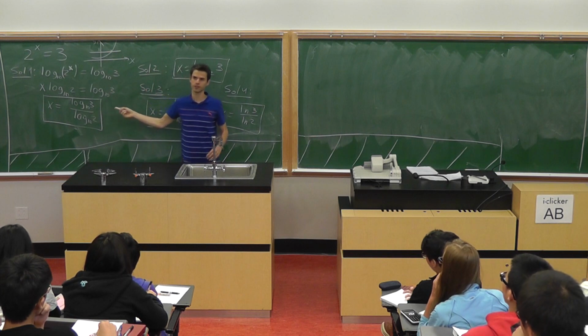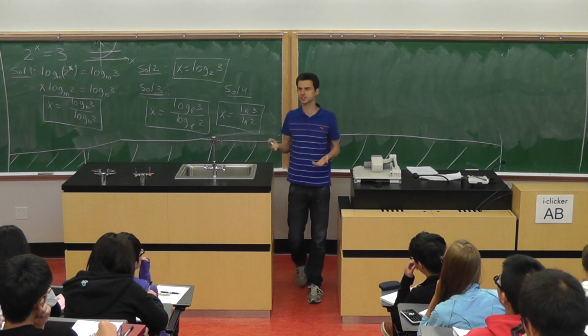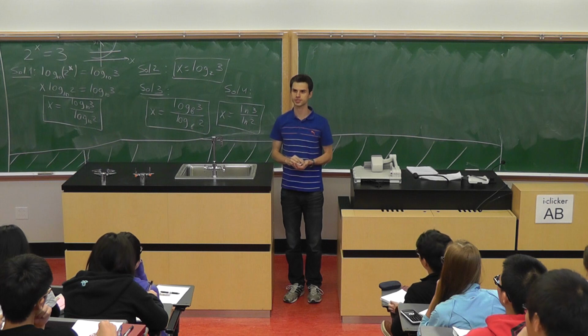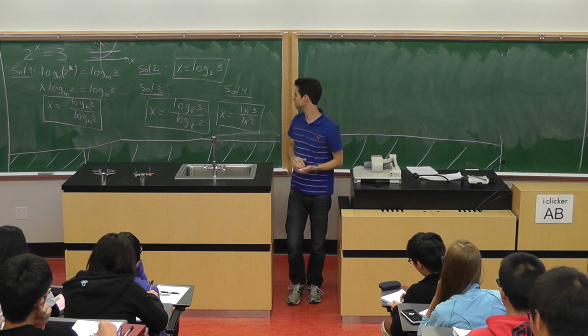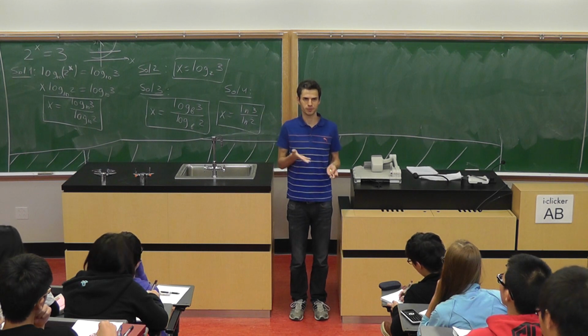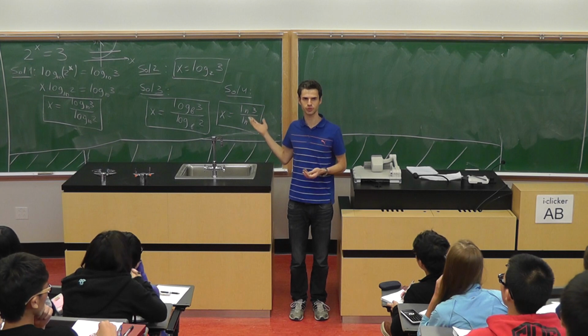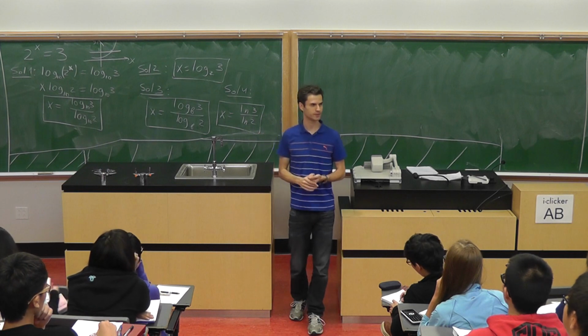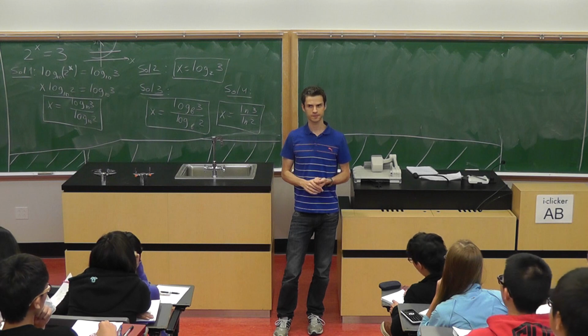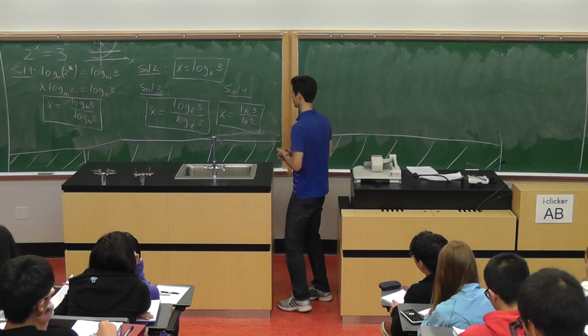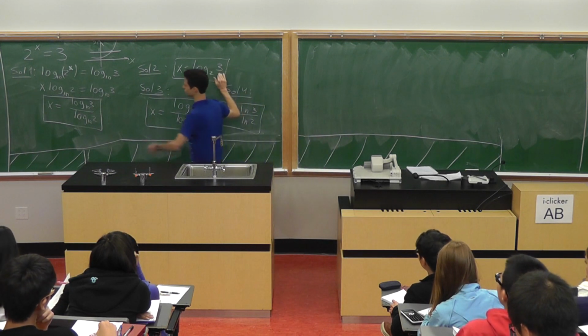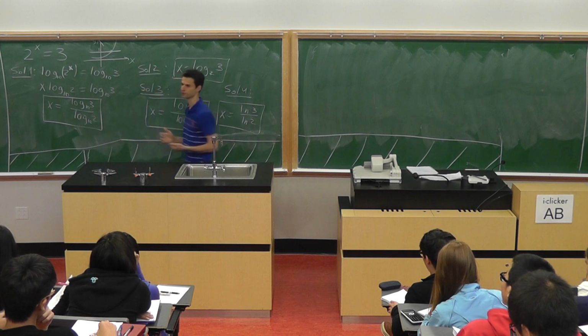And we found it. However, 4 different methods gave us 4 seemingly different answers. What's the trick? How is it possible that this is a solution, this is a solution, but they look different?